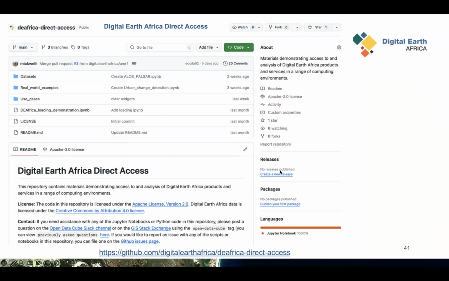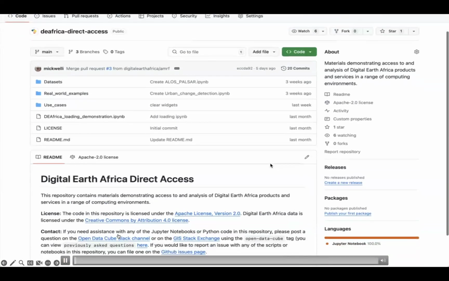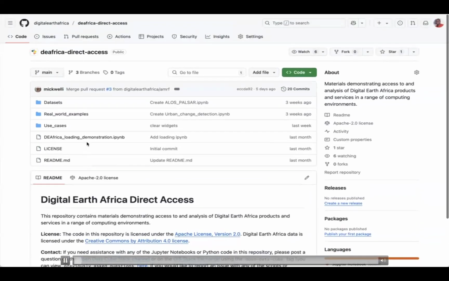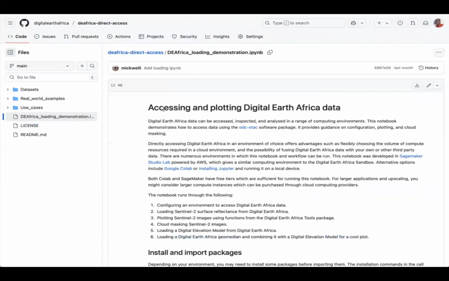I also wanted to present that you could access some of our notebooks in the Digital Africa as part of the direct access. This is through the Open Data Cube technology, and I'll give you the link in the chat so that you can see how you could deploy some of your notebooks either on your Google Colab or AWS SageMaker.